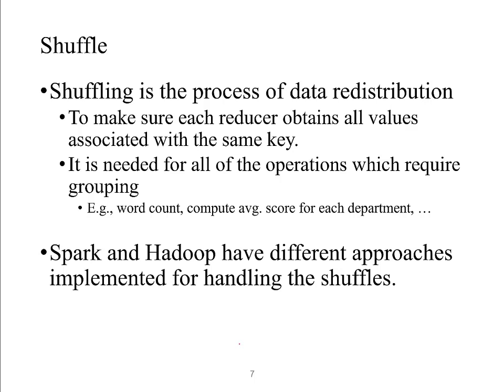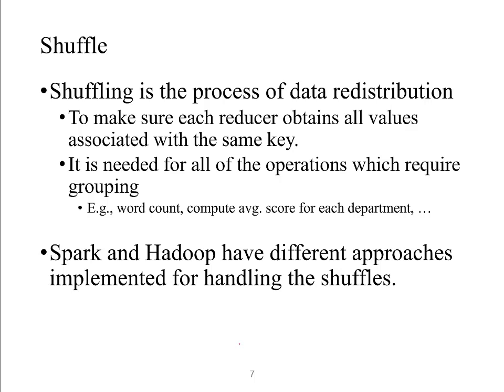For example, in word count, we're grouping based on the word to then do the counting. Or when we compute the average score for each department, then we need to group the scores based on the department. So in this case, department is the key, right? Then we compute the average.